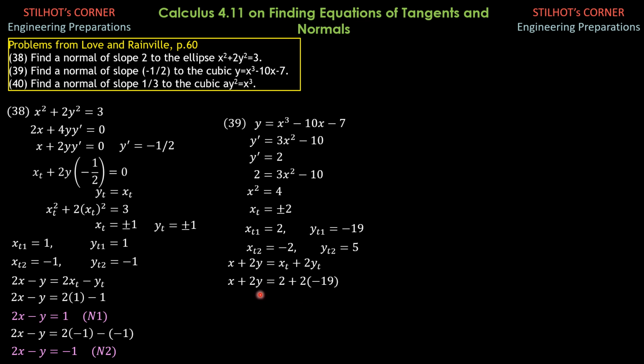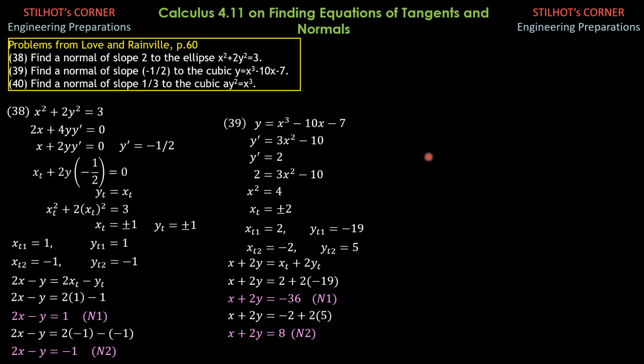So the first normal line is x plus 2y equals negative 36. For the second normal, x plus 2y equals negative 2 plus 2 times 5. So this is x plus 2y equals positive 8. So that's the second normal.